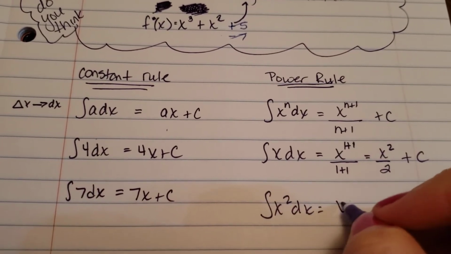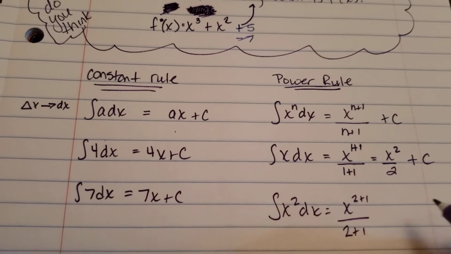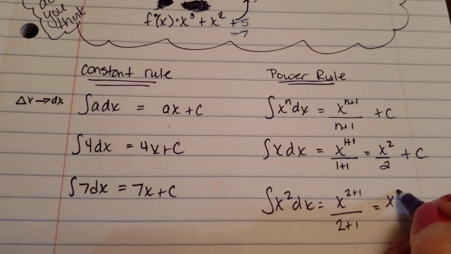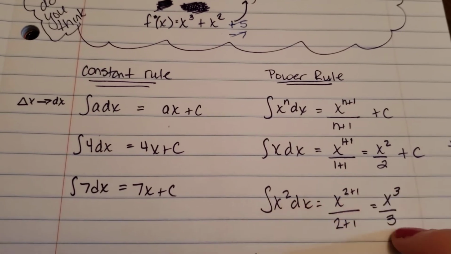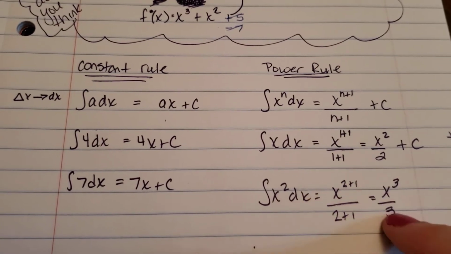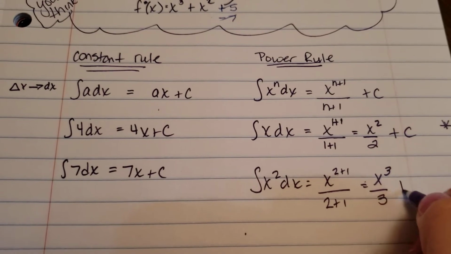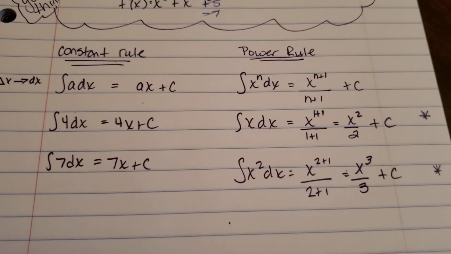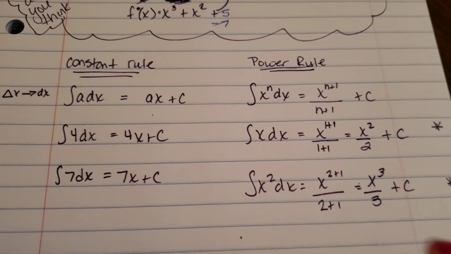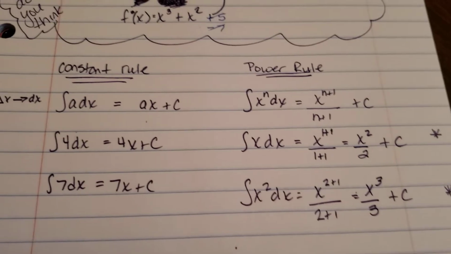So this would be x to the 2 plus 1 over 2 plus 1. So that gives me x to the third power over 3. There's nothing to cancel, nothing to reduce, so I just leave the divided by 3 there. And then, of course, plus c. But it works the same way, even though sometimes people call these unique cases.